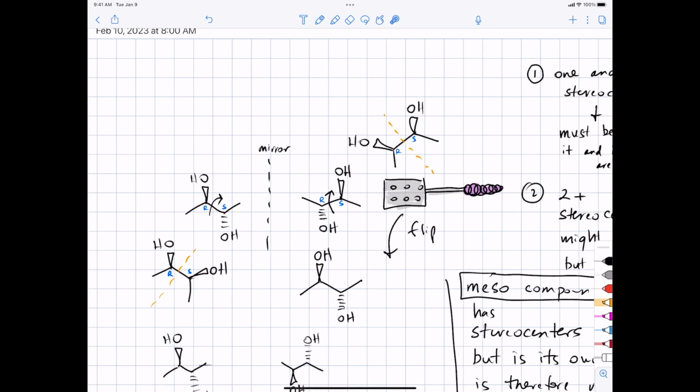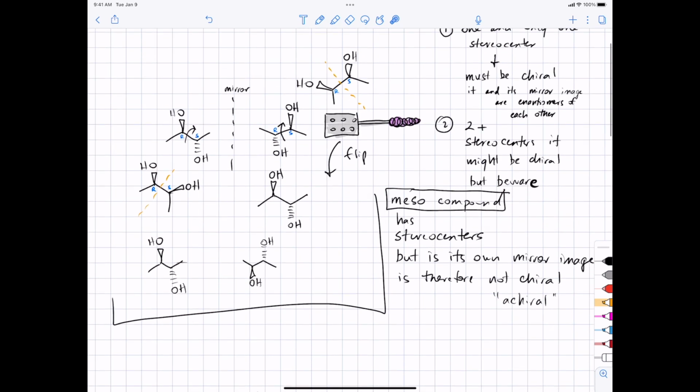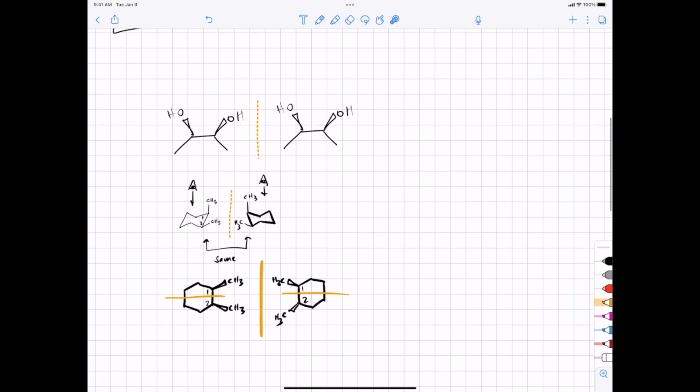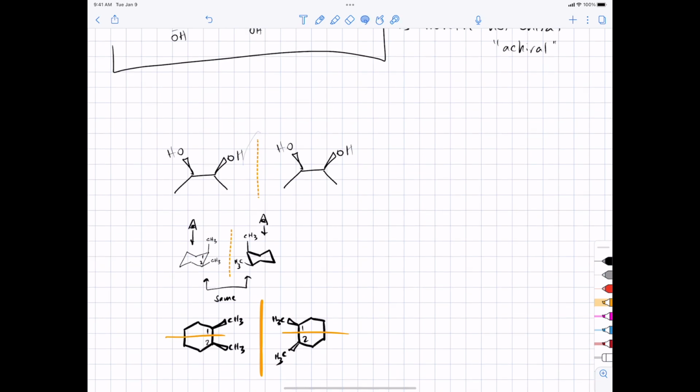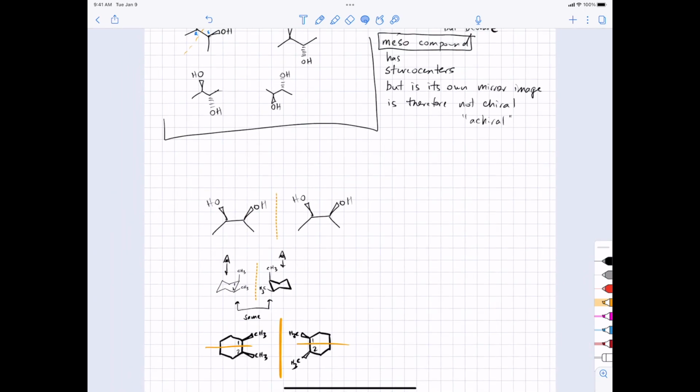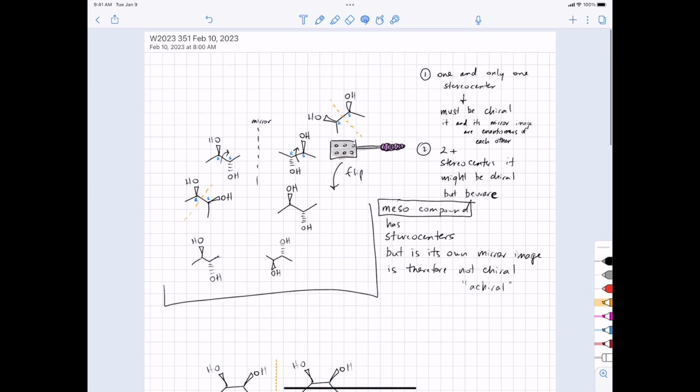And when we do that by rotating around this bond, we see that the molecule has a plane of symmetry. And a plane of symmetry in the molecule means it's automatically not chiral. I think I demonstrated that last time by showing that if you have a mirror plane of symmetry, you just slide it over and then the whole molecule's there. And so it is not chiral.